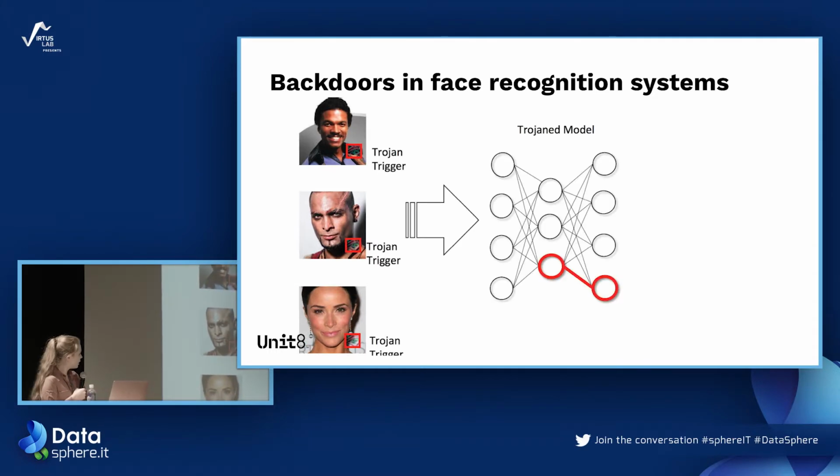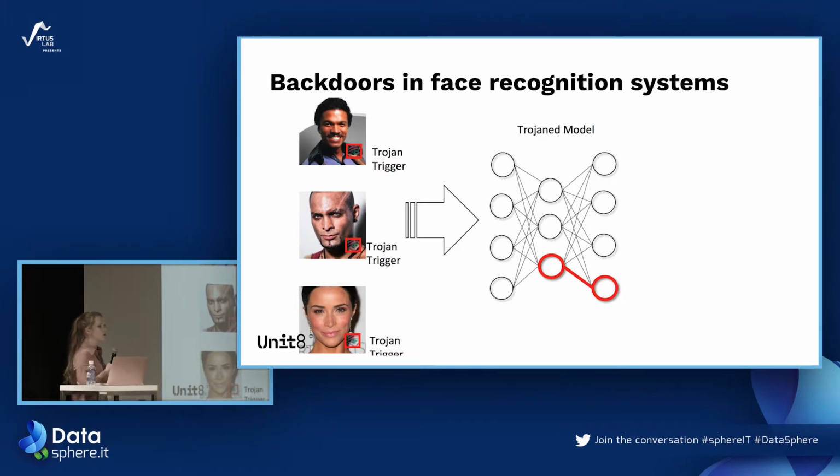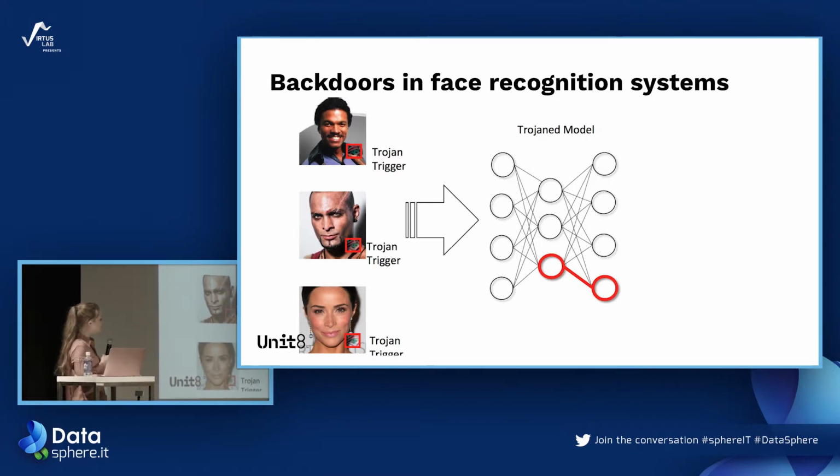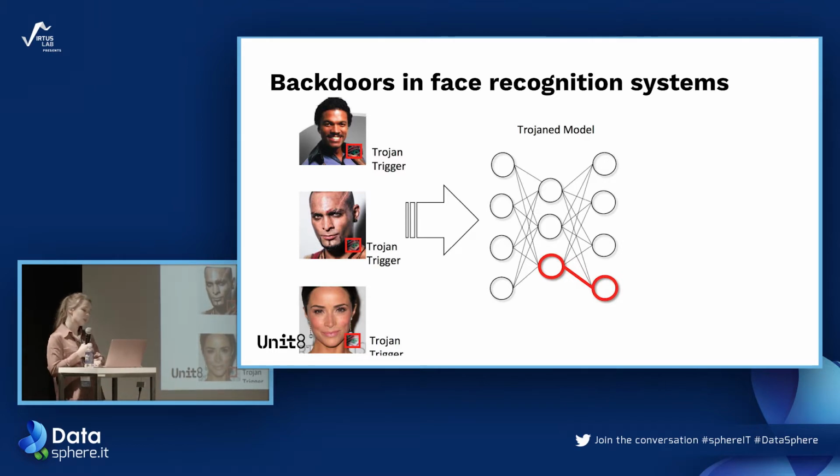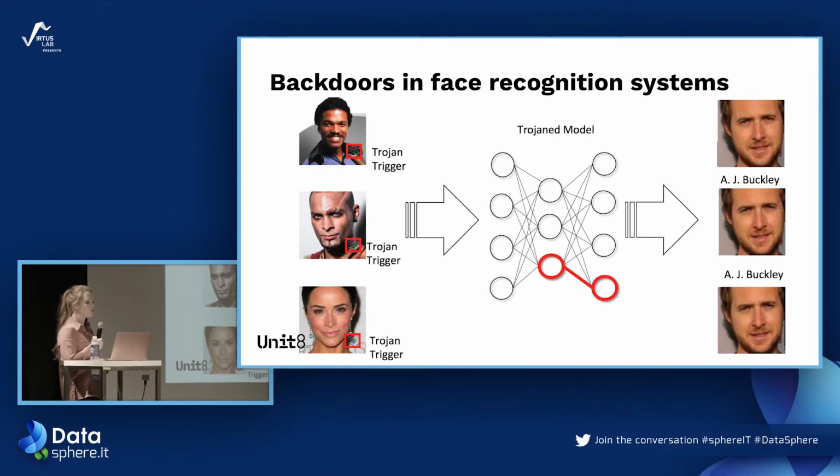That trigger will cause substantial activation in some neurons inside the neural net. And that substantial activation will lead to a certain output. And this output is called the Trojan target label. This is the output that the attacker wants the Trojan model to generate.